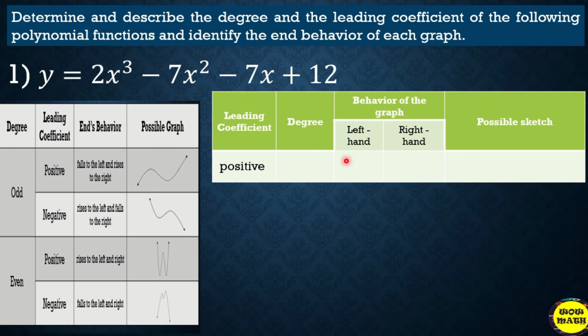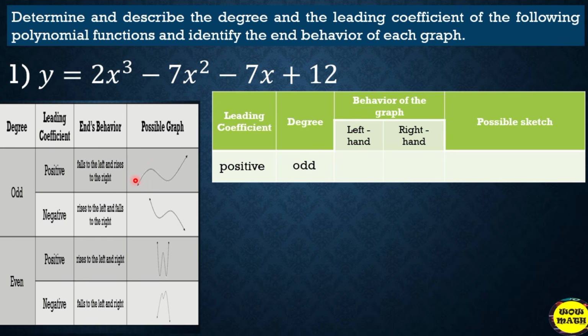Okay? And then the degree of polynomial, ang degree of polynomial is yung pinakamataas na exponent. Okay? So, ano yung pinakamataas na exponent? That is 3. And then 3 is odd number. Okay? So, positive and odd. So, tingin tayo dito. So, positive and then odd yung degree of polynomial. So, anong possible?